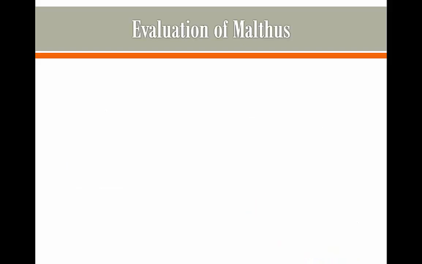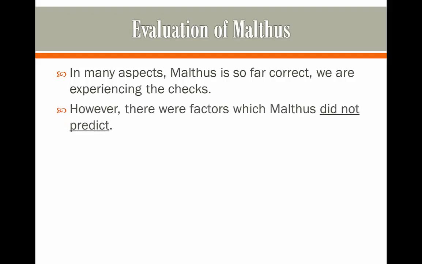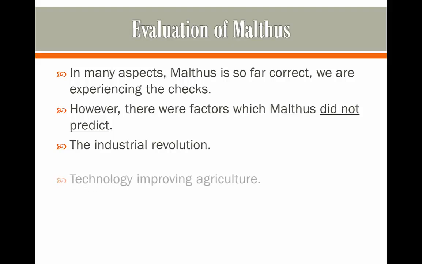Now we're going to evaluate Malthus's theory. In many aspects, Malthus is so far correct because today we are experiencing these checks in a lot of developing nations. However, there are a bunch of factors which Malthus did not predict. For example, the Industrial Revolution, which allowed us to transport goods and resources all over the world so much more easily.